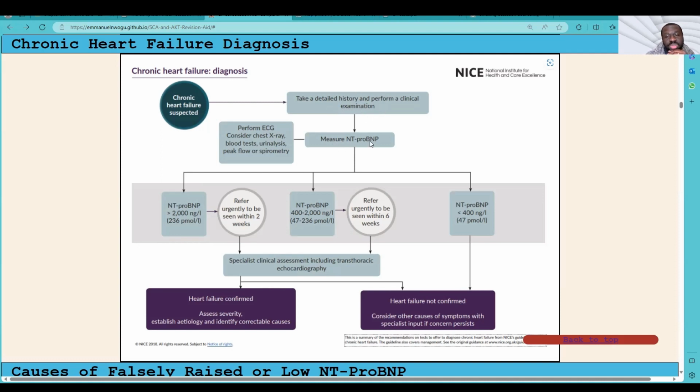So measure the NT-proBNP, perform ECG, consider a chest X-ray, blood tests, urinalysis, peak flow or spirometry.